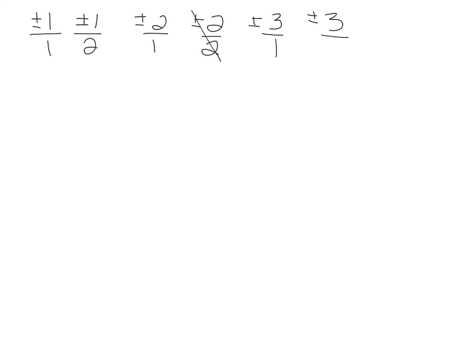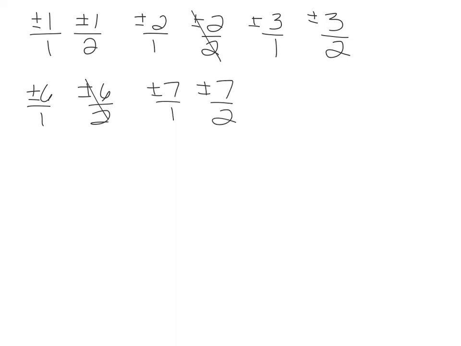Over 1 and 2. 6 divided by 2 is 3. I already have a 3. 7. 14. 14 over 2 is 7, which I already have a 7.